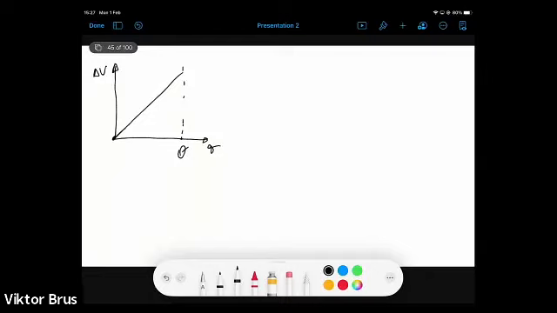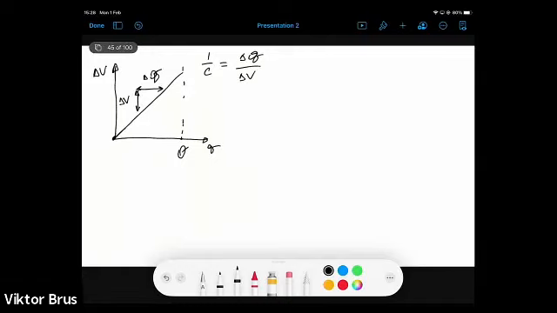So the slope of this linear dependence, here we have delta V, and here we have delta Q, will be 1/C. So the slope will be defined by the capacitance of the system.